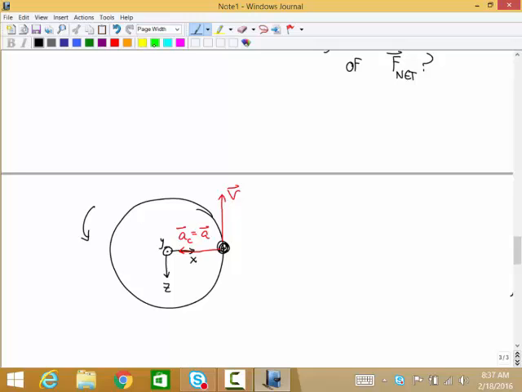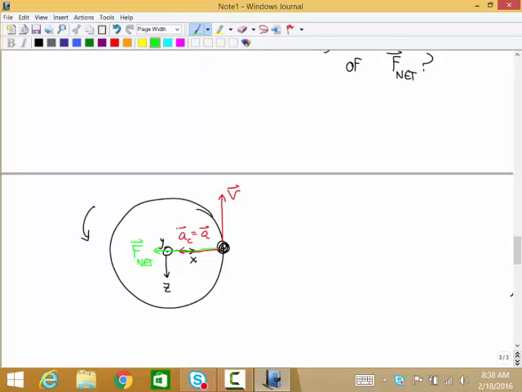And since the acceleration is pointing towards the center, the net force has to be pointing towards the center too. We don't know the magnitude of that without thinking about numbers, but we know the direction has to be the same as the acceleration vector. So if something's in uniform circular motion, the net force always has to be pointing towards the center at every instant.